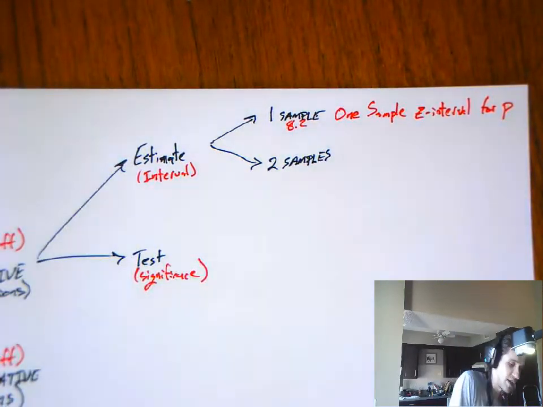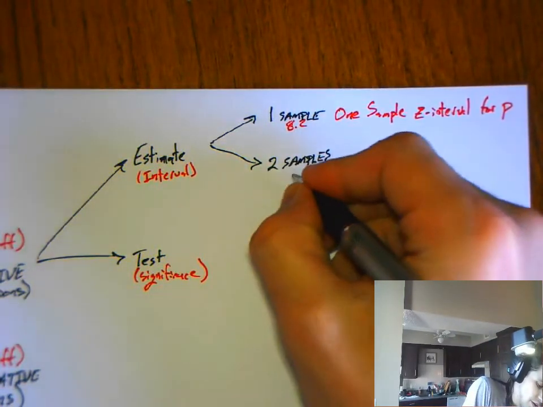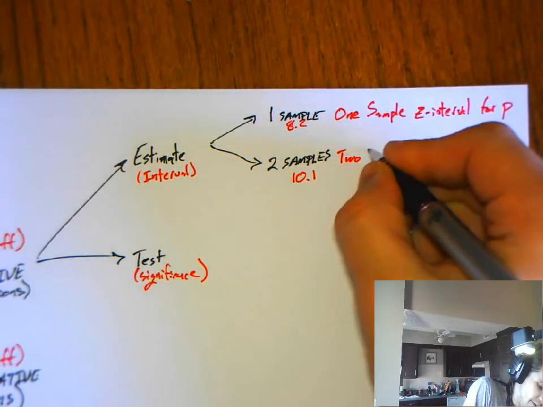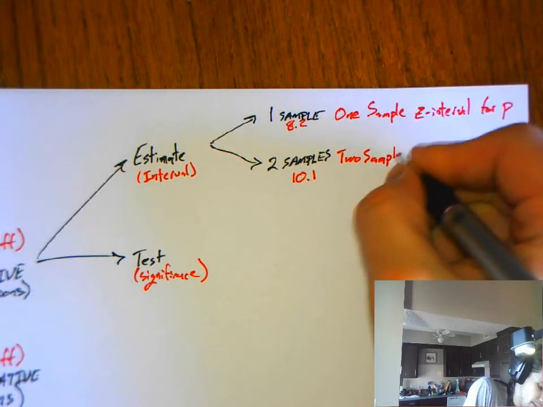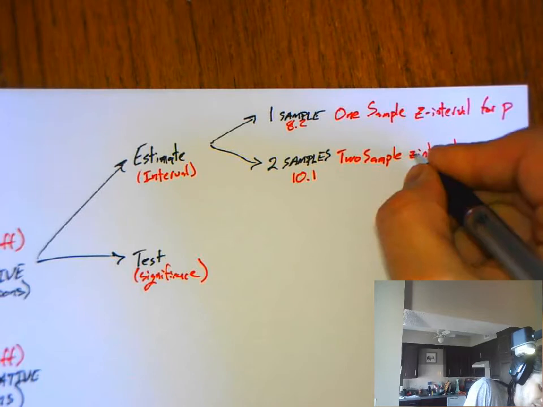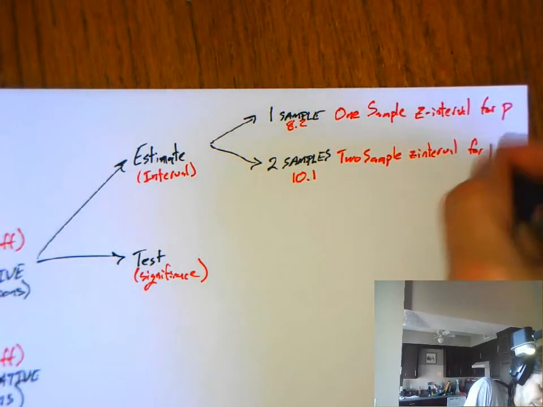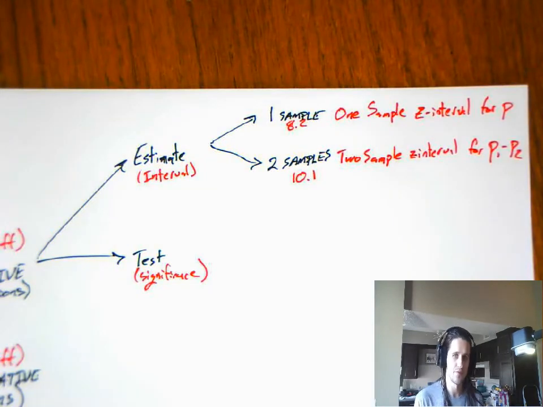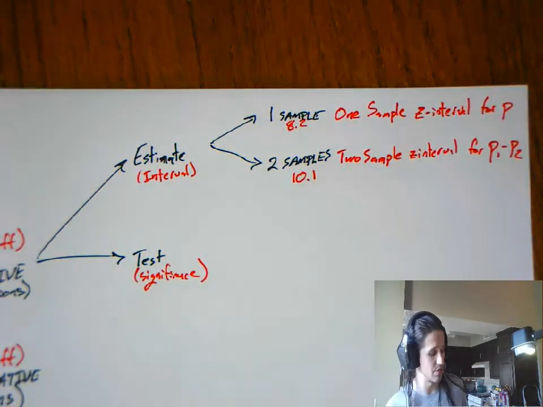Two samples, where's that from? That's 10.1. That's a two sample Z interval. Put a little hyphen in there for P1 minus P2. You got to be able to name these procedures.